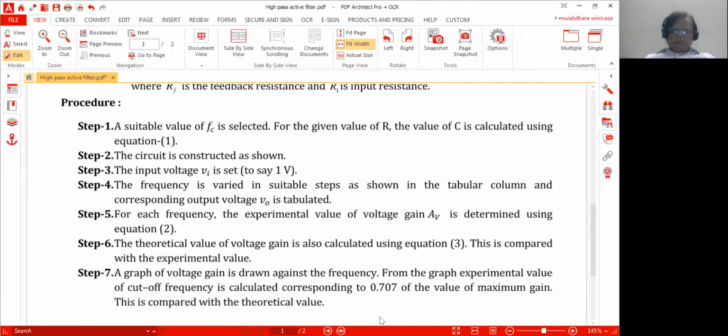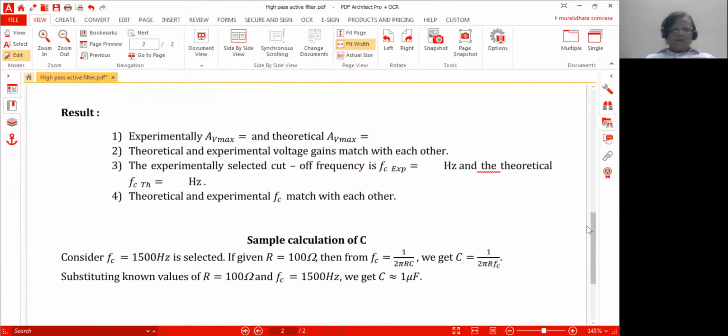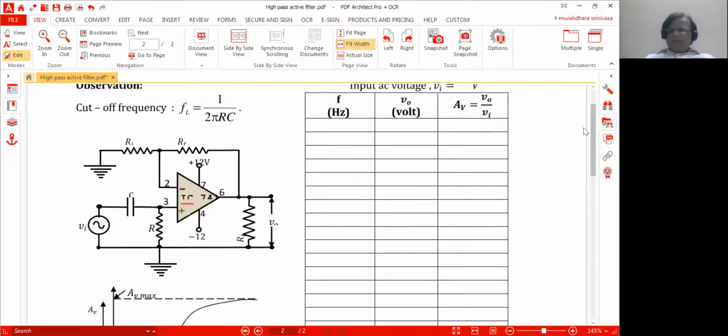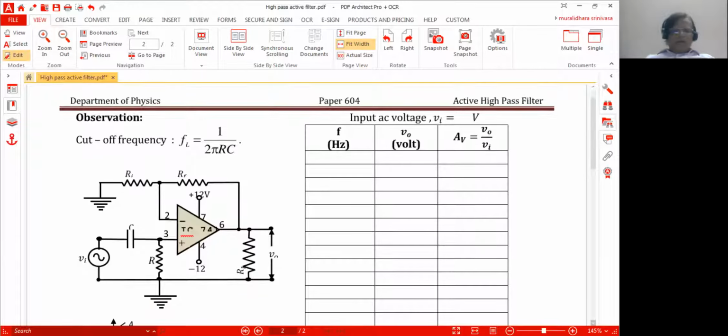Now, let us look at the circuit and calculation first. So, this is your circuit. For the cutoff frequency FL, you have to design and then choose C so that you can calculate R. I've shown a calculation below. Now, this is the circuit.